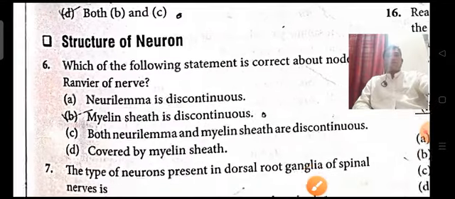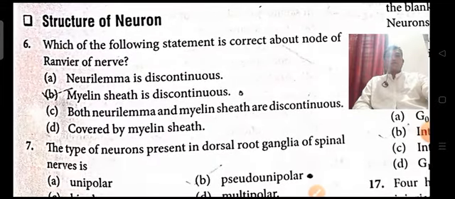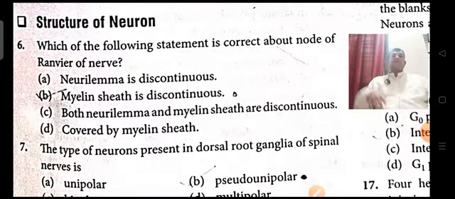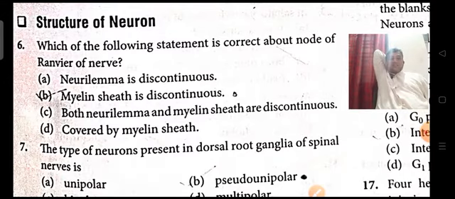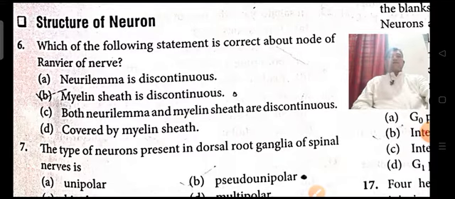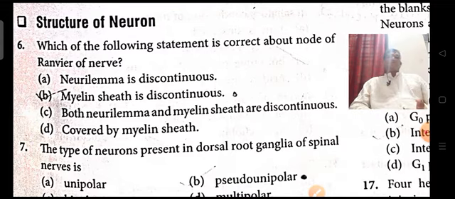Next, which of the following statements is correct about the node of Ranvier? The node of Ranvier is the gap present between two myelin sheath coverings. Generally, nodes of Ranvier are found between the discontinuous myelin sheath.